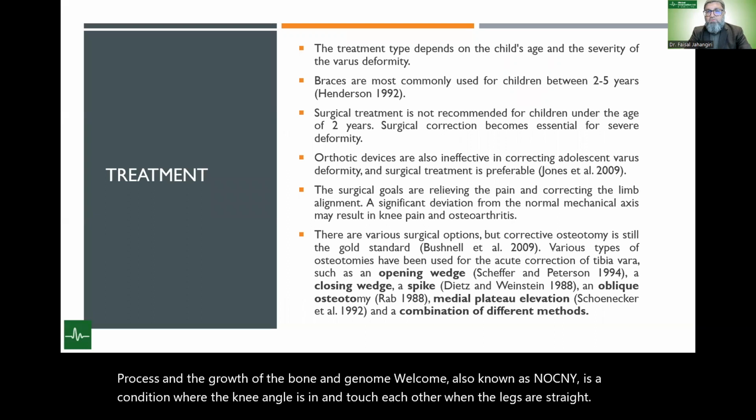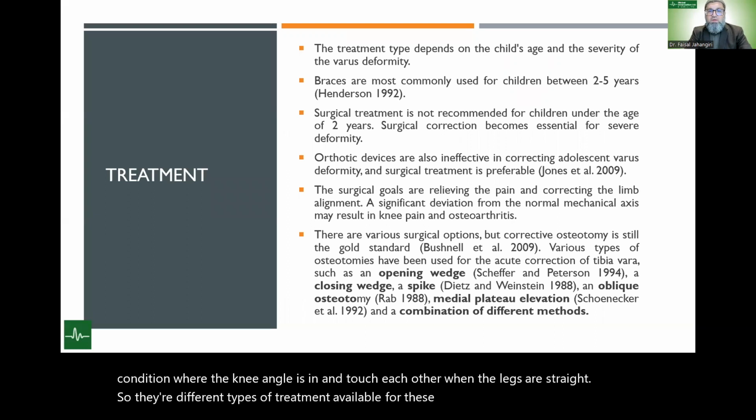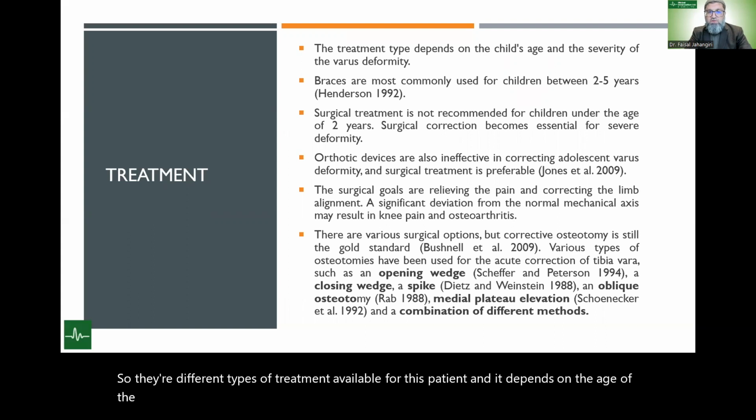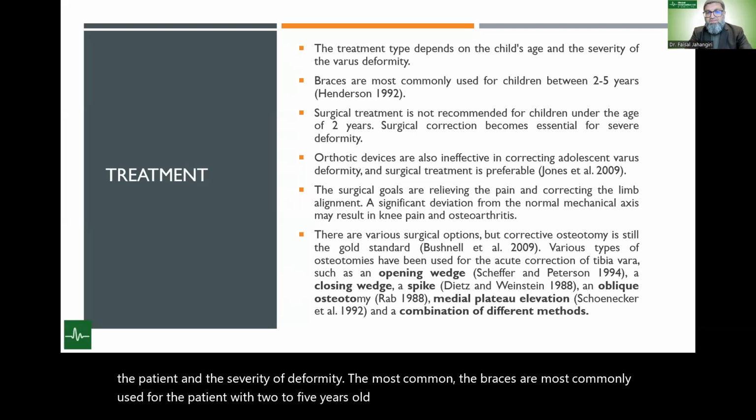There are different types of treatment available for these patients, and it depends on the age of the patient and the severity of the deformity. Braces are most commonly used for patients 2 to 5 years old, and surgery is not recommended if the patient is less than 2 years.